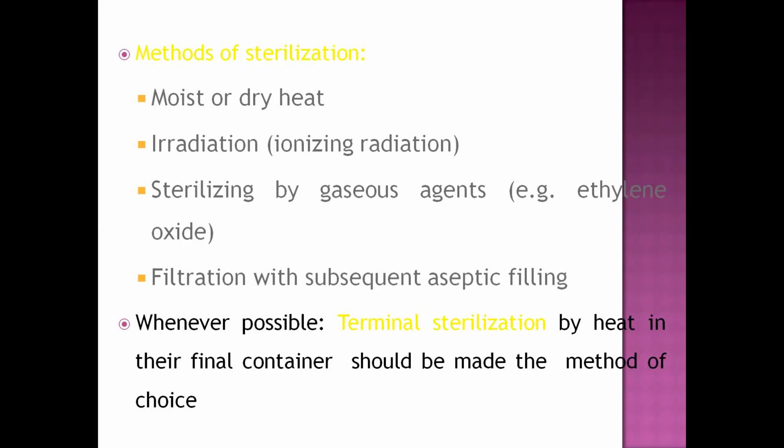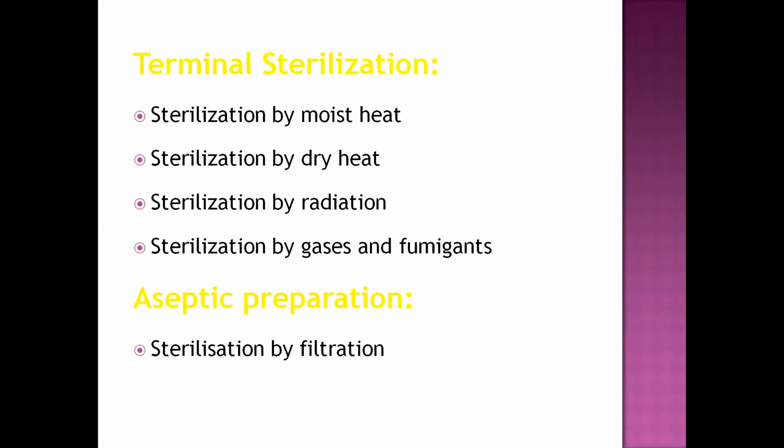Whenever possible, terminal sterilization by heat in the final container is the method of choice. Terminal sterilization should be either by moist heat or dry heat or radiation or by gases and fumigants.